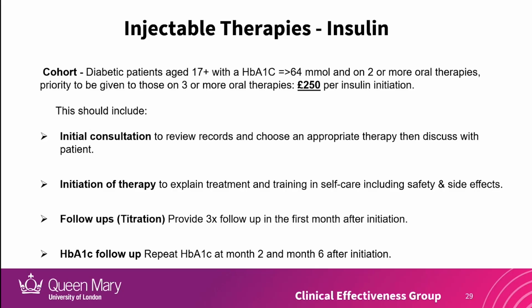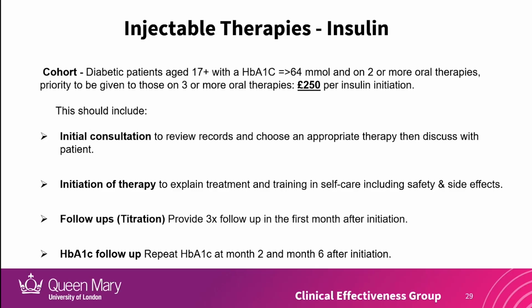So you would do the initial consultation with the patient, you'd have your discussion, you will then initiate whatever medication it is that you've decided. And then from the initiation, you're required to do 3 follow-ups in the first month after they have started the medication. Our searches and our template have all the information for you to record all of this.